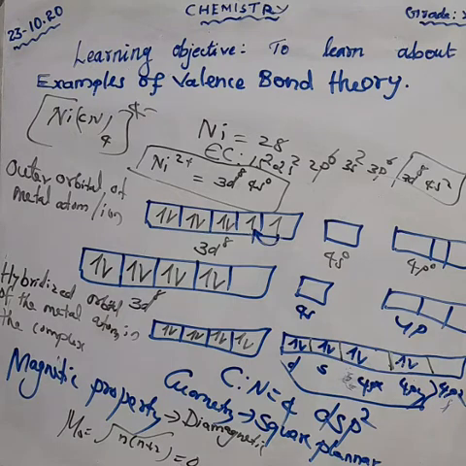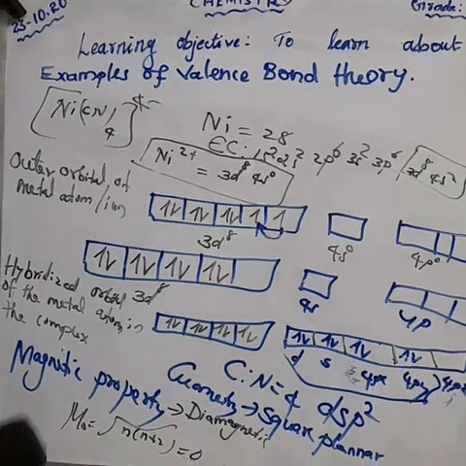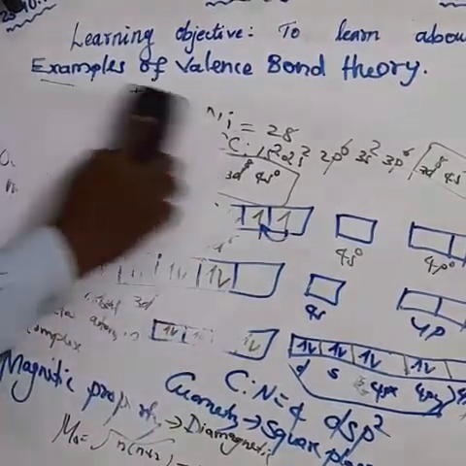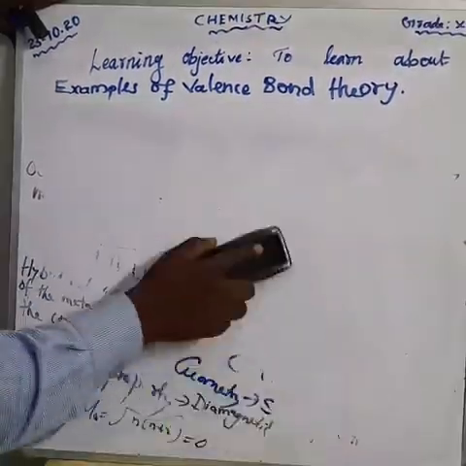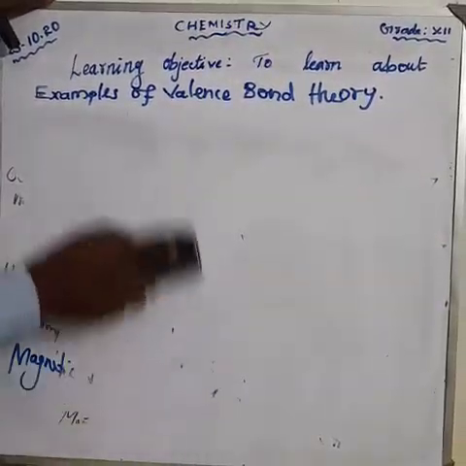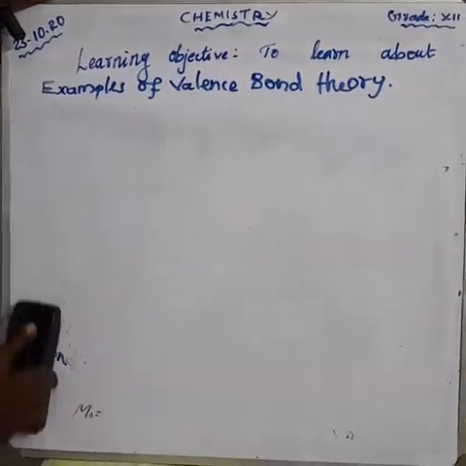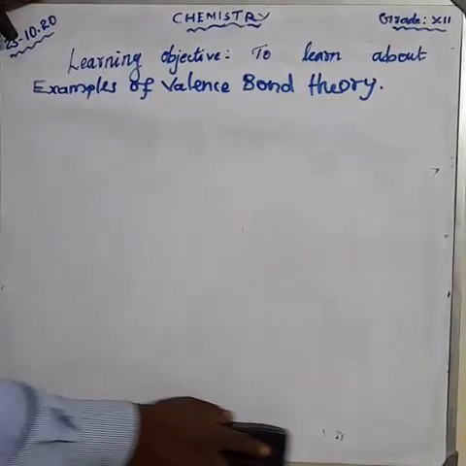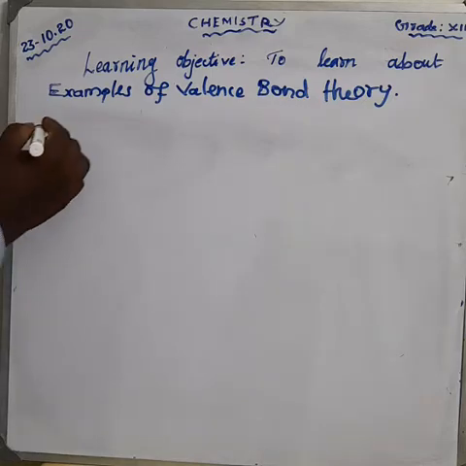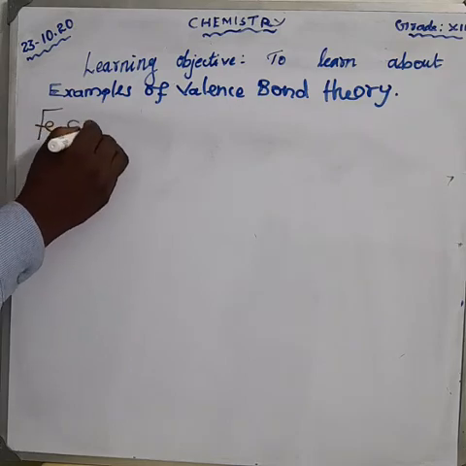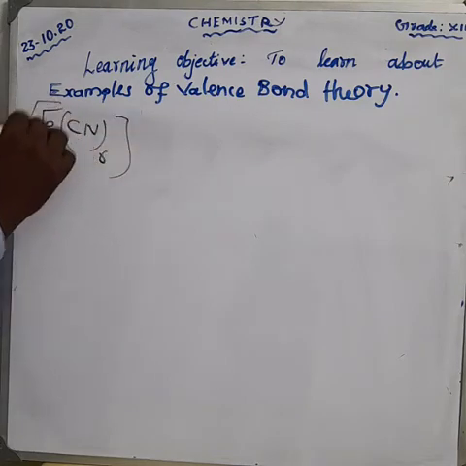Then what about the third example? We are taking one more complex. Third example: [Fe(CN)6]3-.